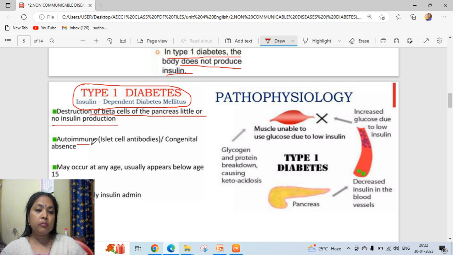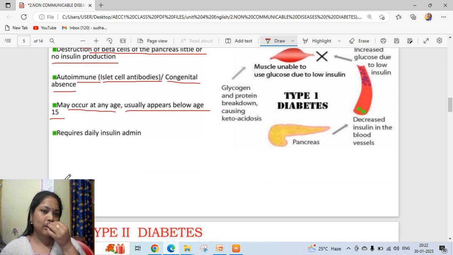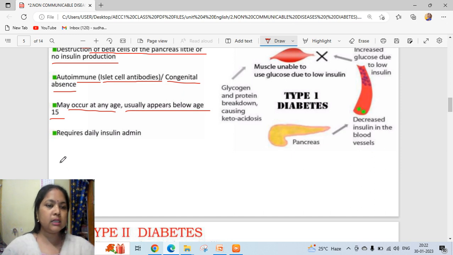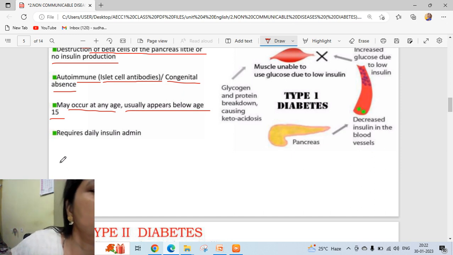So autoimmune means islet cell antibodies or congenital absence, and it may occur at any age, usually appears below age 15. So type 1 diabetes appears below age 15. Okay, but it can occur at any age and it requires daily insulin admit.